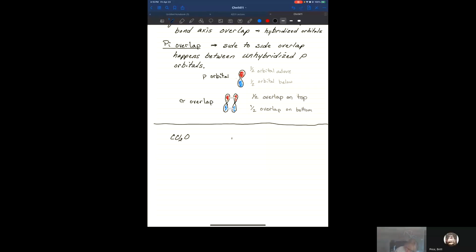Let's see, we've got C double bonded to O with two lone pairs, and then two Cl, each with three lone pairs.